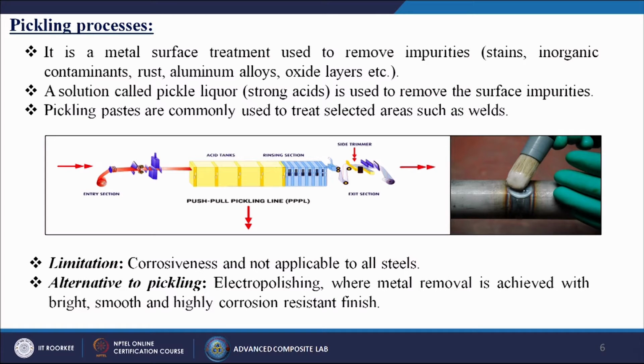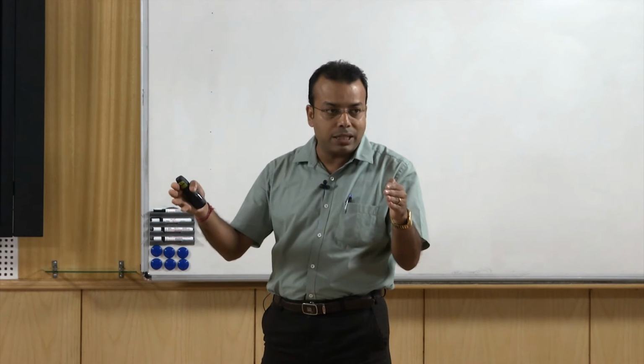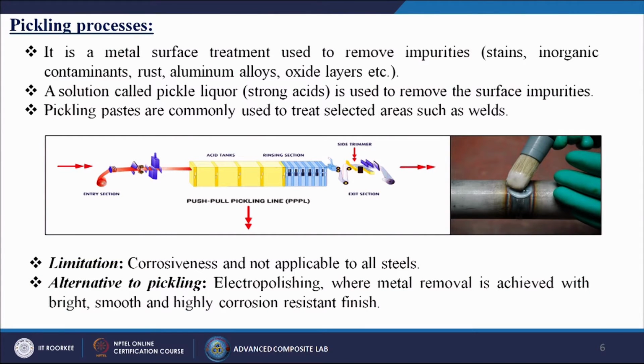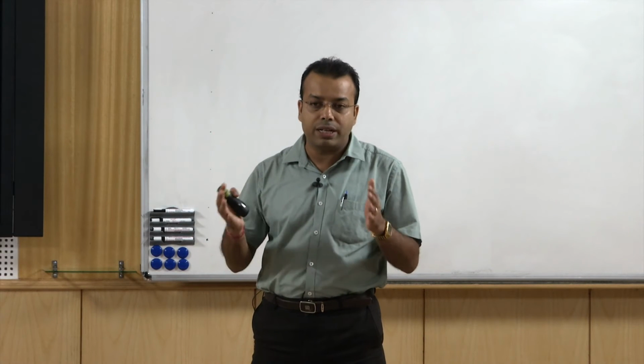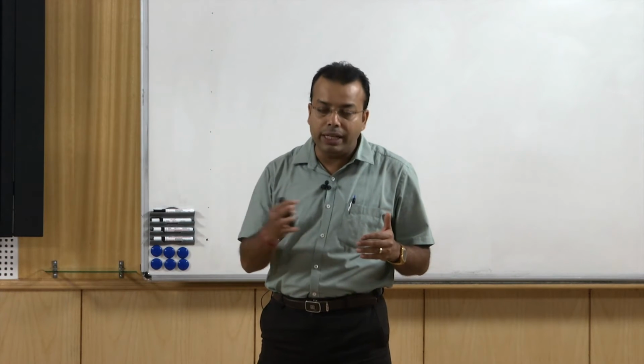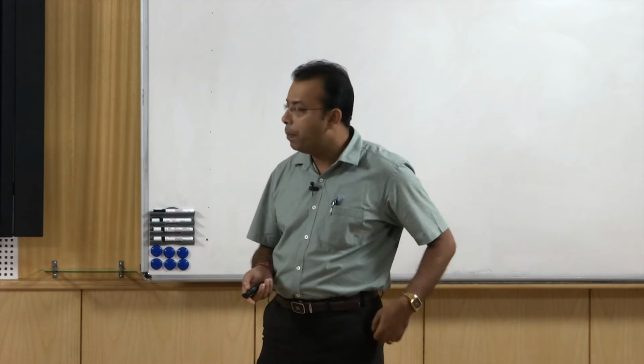The time can be controlled by us, how much time it stays in the acid treatment. Then it comes to the rinsing section where you wash the materials so that the pickle liquor can be removed. Then it goes through the exit section, where it will be washed, wiped or cleaned, then tested, and if it is okay then it can go for assembly purposes.